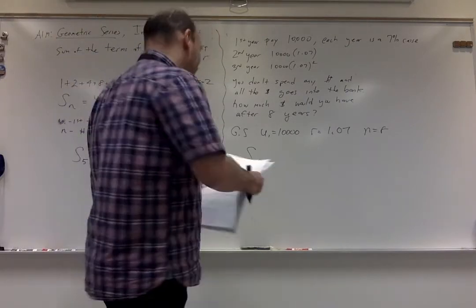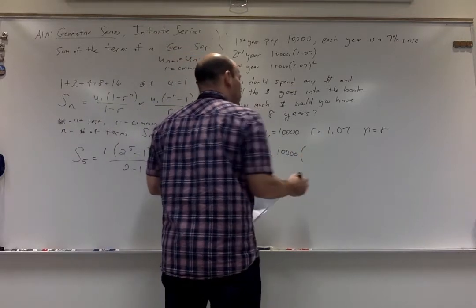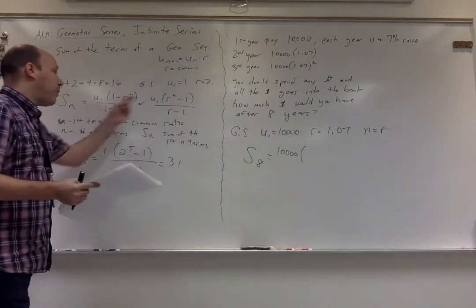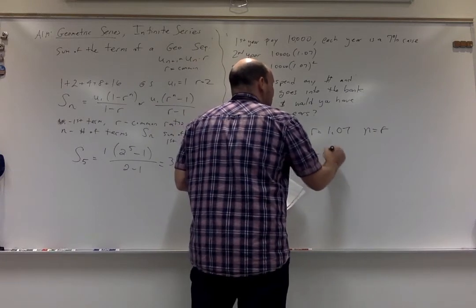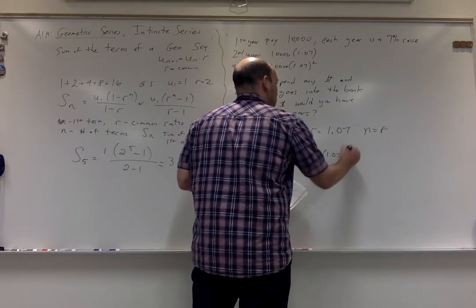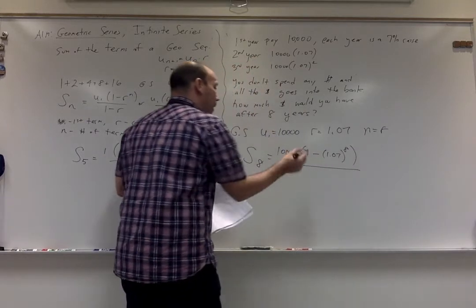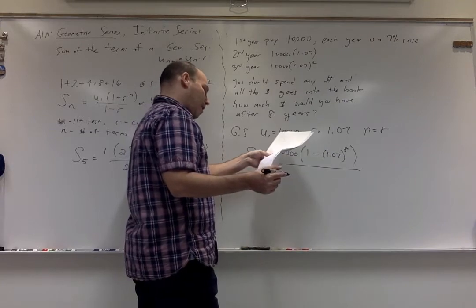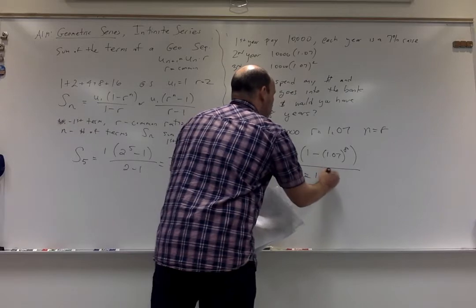Okay, we're back. So we know it's 10,000 times, either formula is fine, I'll use the first formula because that's what I see in the formula booklet, divided by 1 minus 1.07.